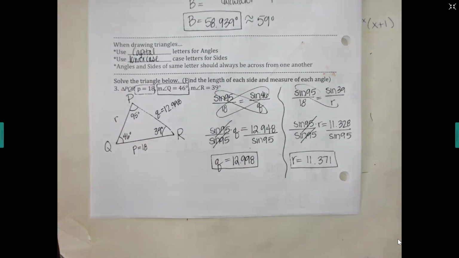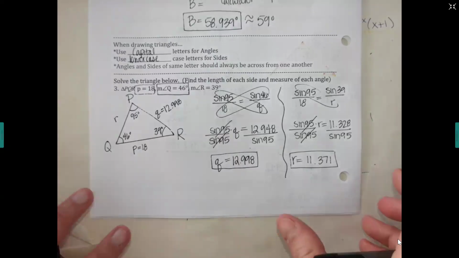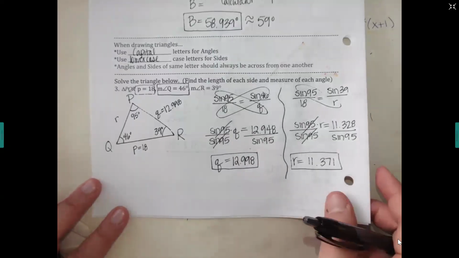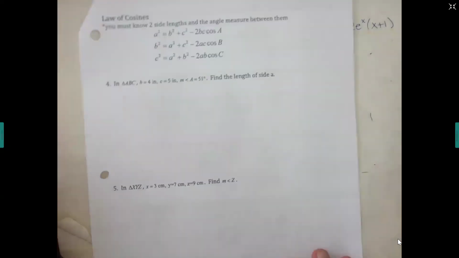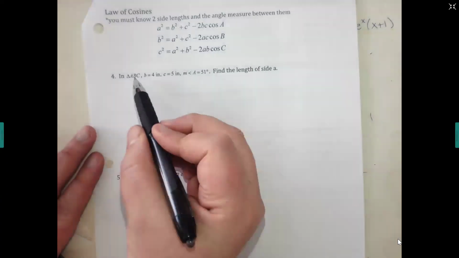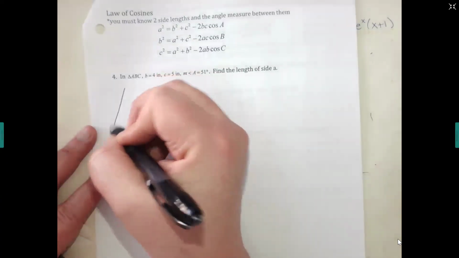Okay, there's 2 rules that we're learning. The first one is law of sines. That's where you have to have partners. Okay, go ahead and turn the page. Law of cosines is when you don't have partners. So if you turn the page and look at the first triangle, it says in triangle ABC, so let's just draw it here.